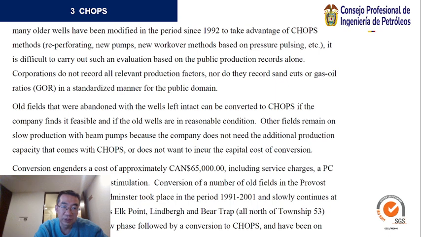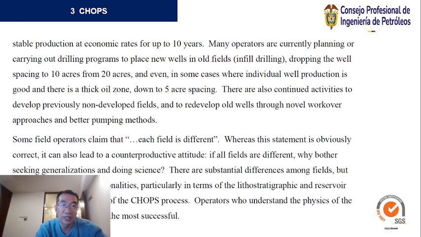New fields such as Egg Point have never experienced a slow phase followed by a conversion to CHOPS, and have been on stable production at economic rates for up to 10 years.